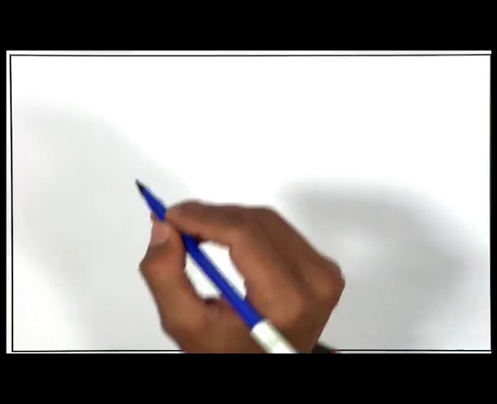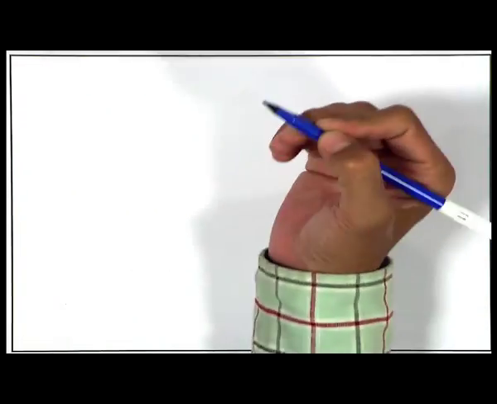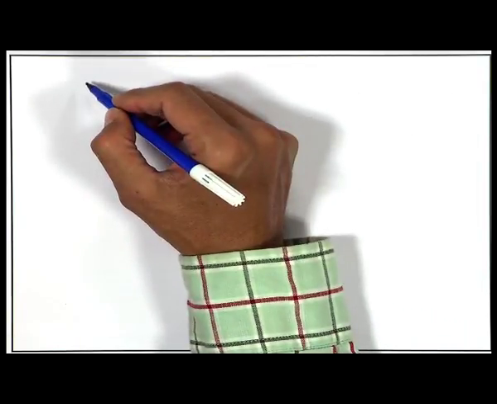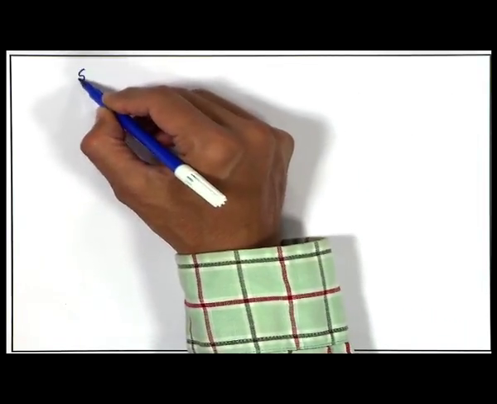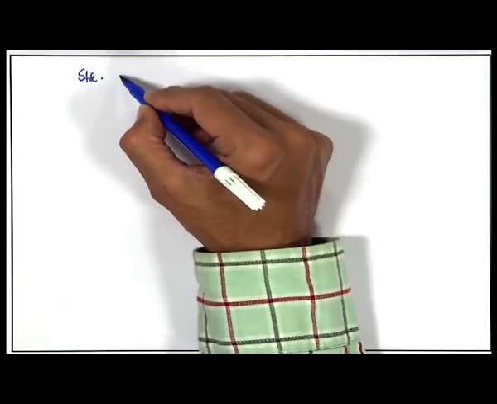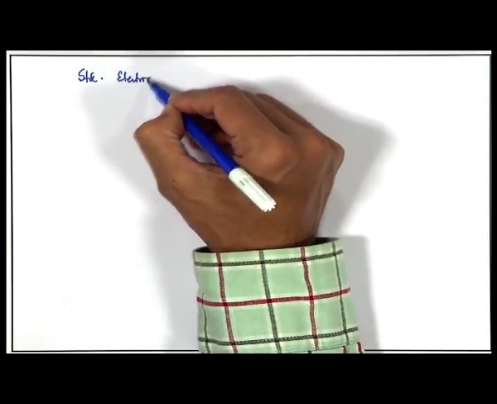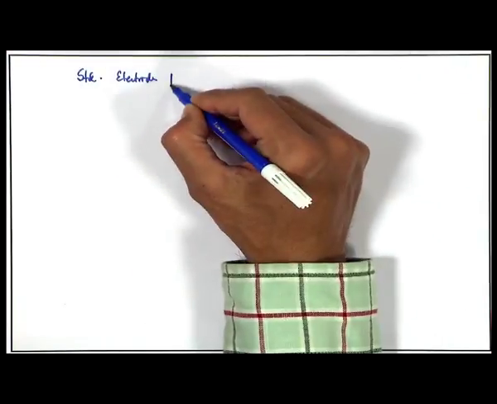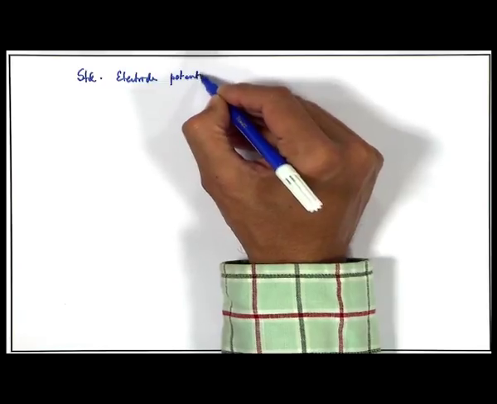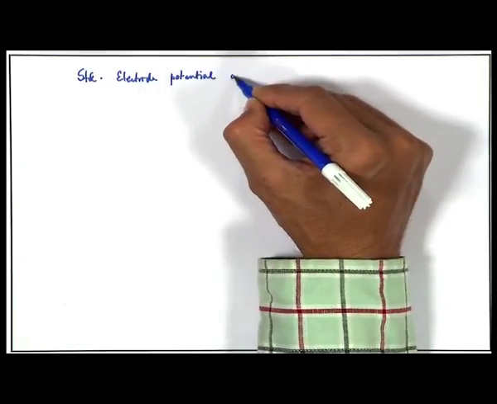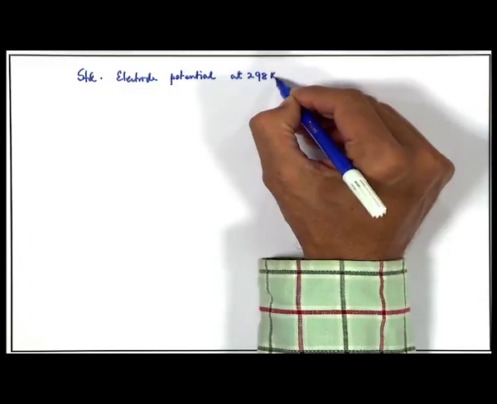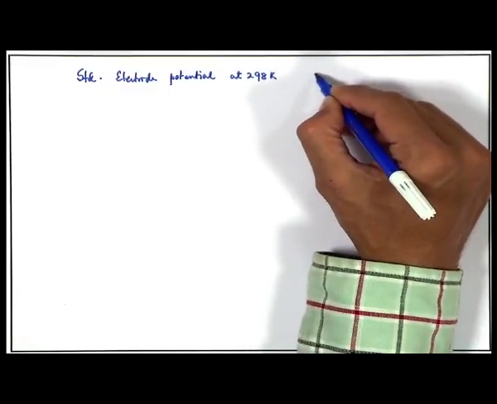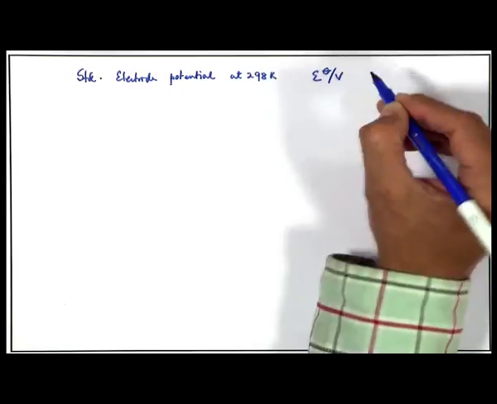So, let us look at some standard electrode reduction potentials at 298 Kelvin of some substances, with E 0 in volt.